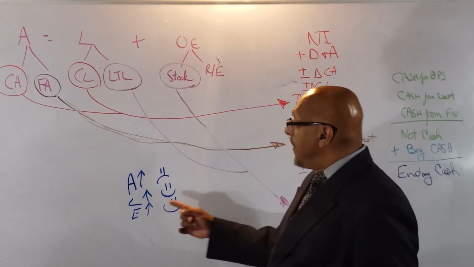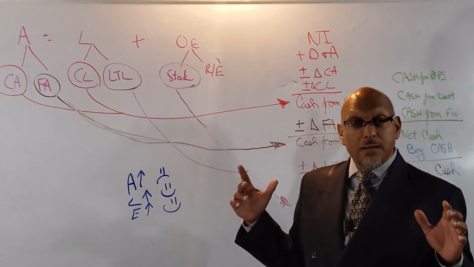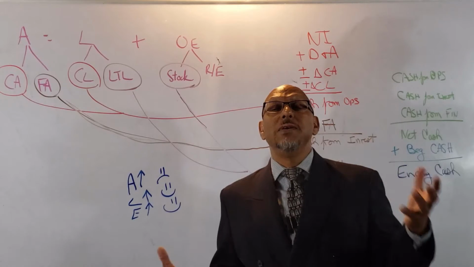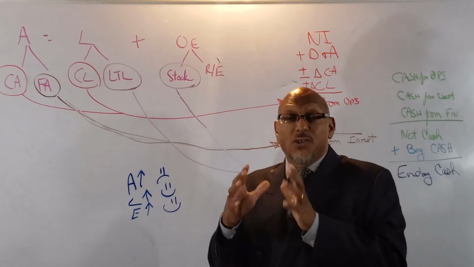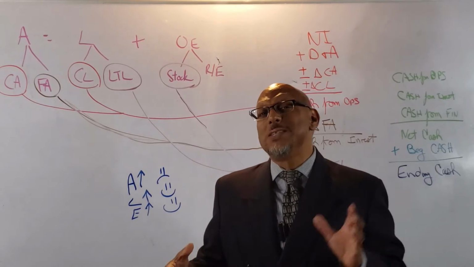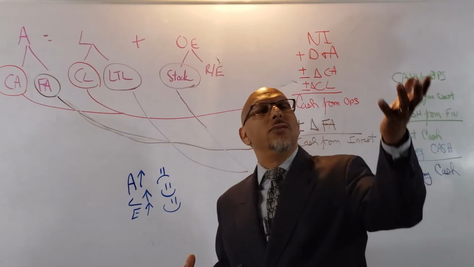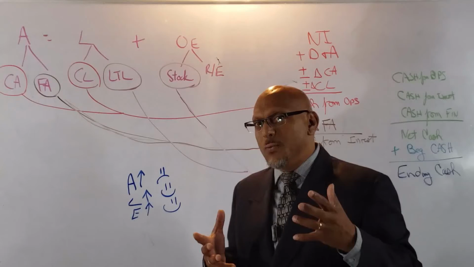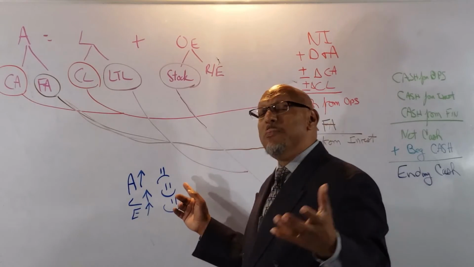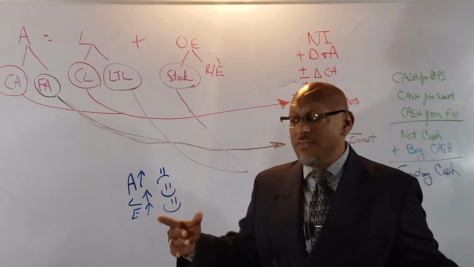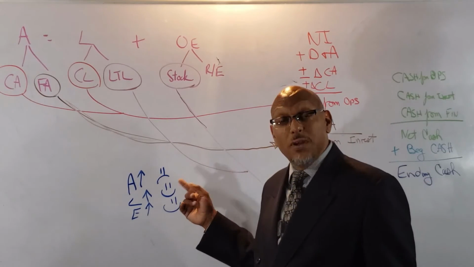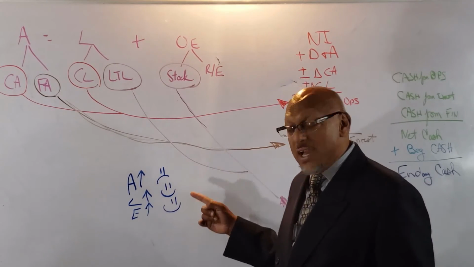So if the liability is increasing, it means we're holding on to cash, not trapped cash. It's the actual liquid cash we're not using to spend on that liability, so we borrow a little bit more. That's more cash that we have in our hands, not that we've been paid cash, but that we've retained more and haven't used it. So when a liability goes up, that's good for cash flow.